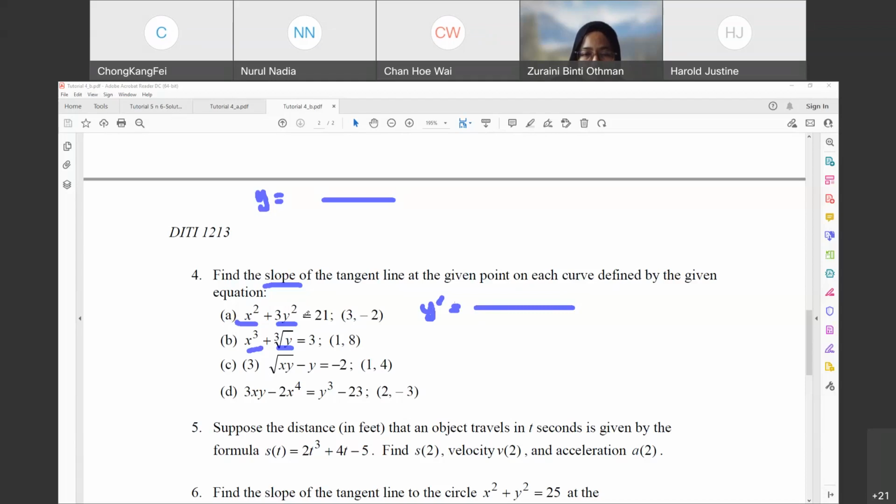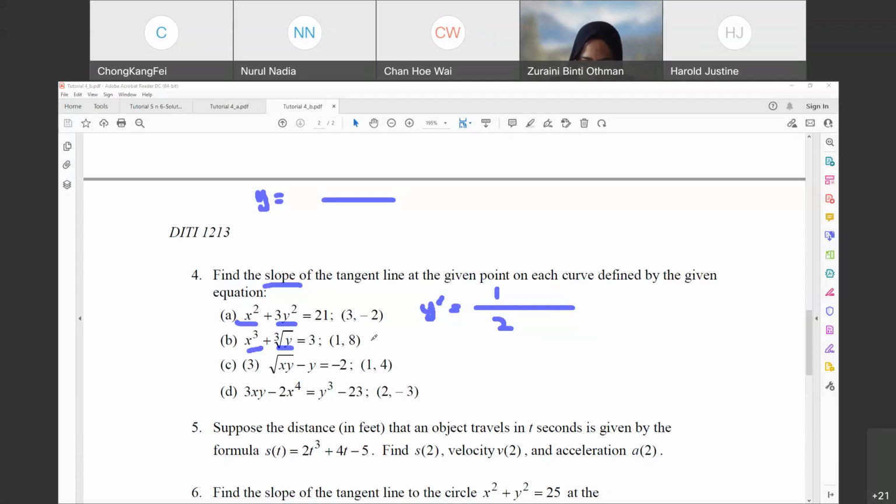Then you get, for example, number A ni, nanti jawapan A ni ialah apa? Kita cari dia punya implicit differentiation dia, akan dapat y prime sama juga dengan 1/2 sebab gantikan x sama juga dengan -2, x sama dengan 3, y sama juga dengan -2.